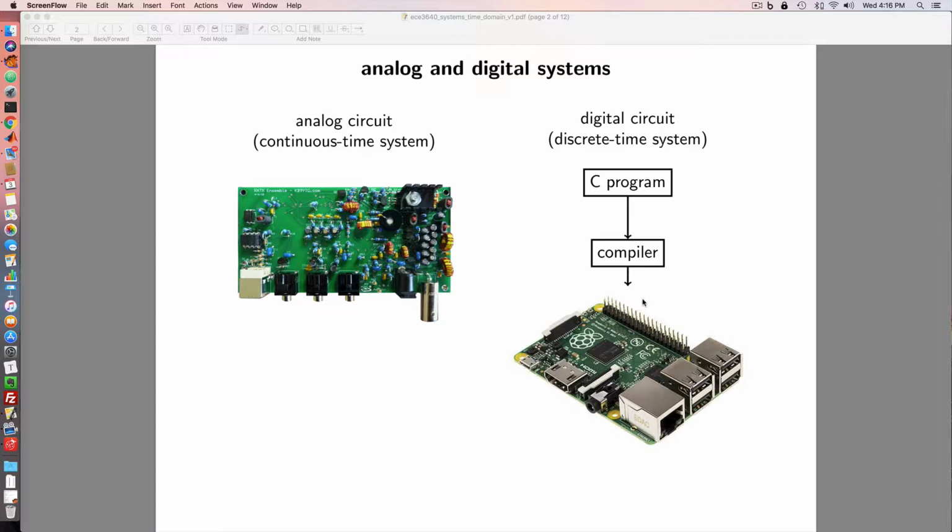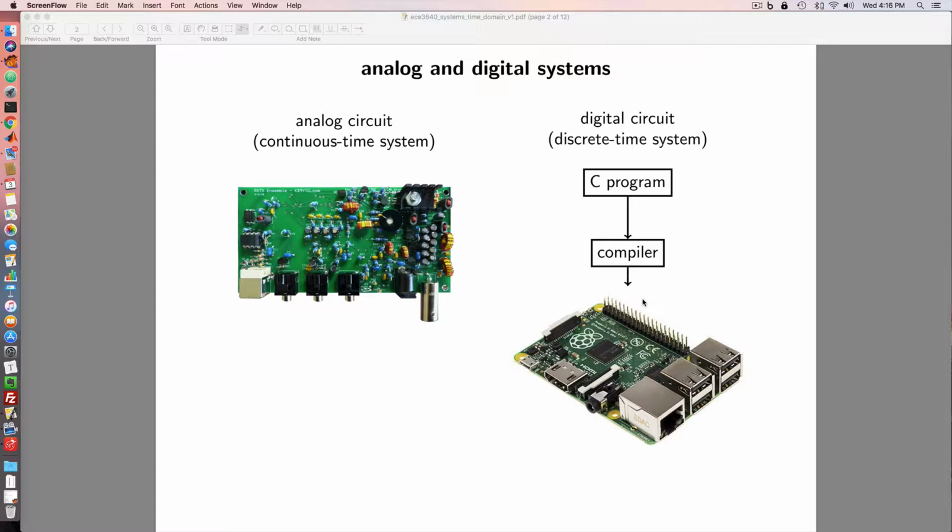This is probably an overgeneralization, but I'm going to use this here just as a generic description. Let's start with the analog systems. The category of systems that I'm depicting here are systems like this circuit. This is actually a radio receiver circuit called the Soft Rock 40, and everything that you see pictured there soldered to that circuit board is an analog component.